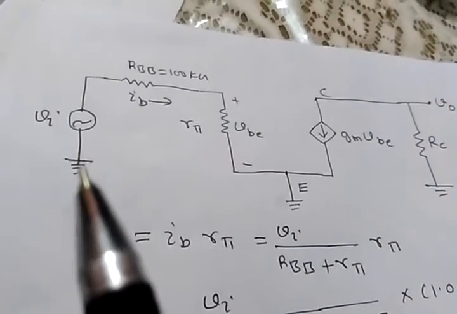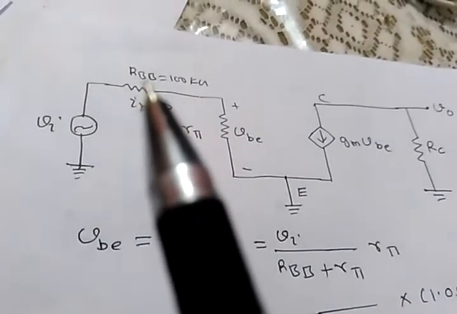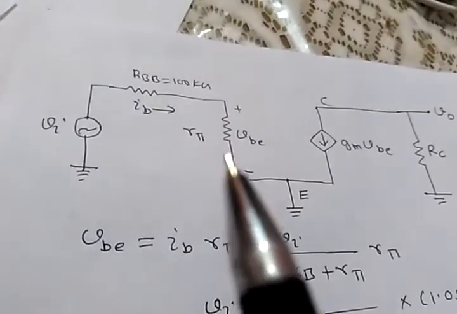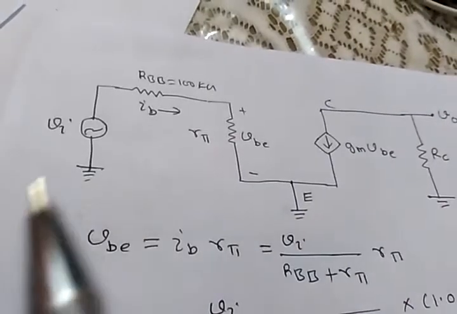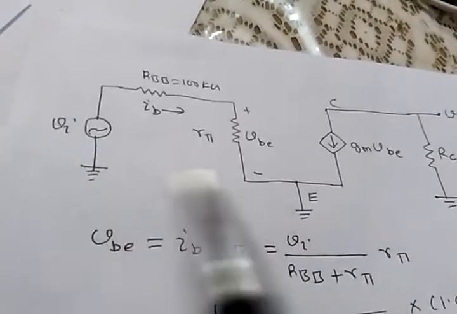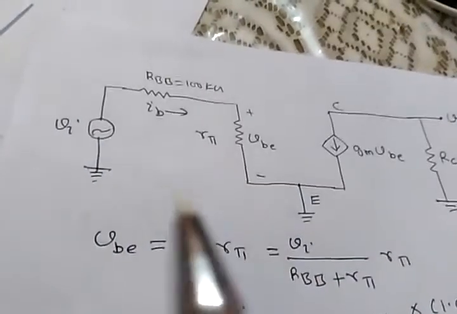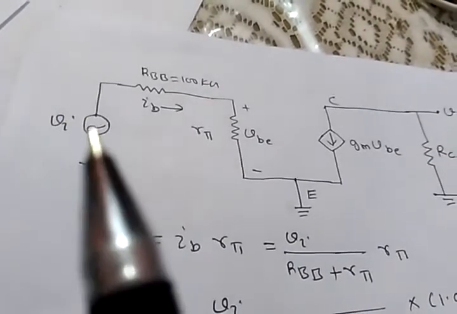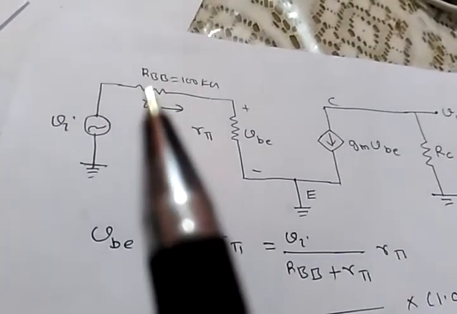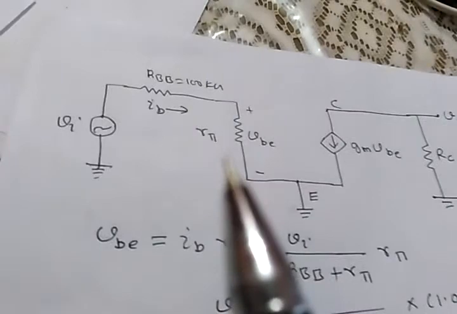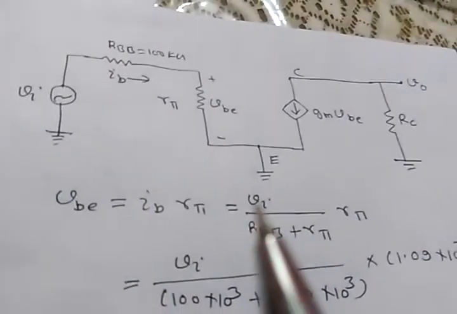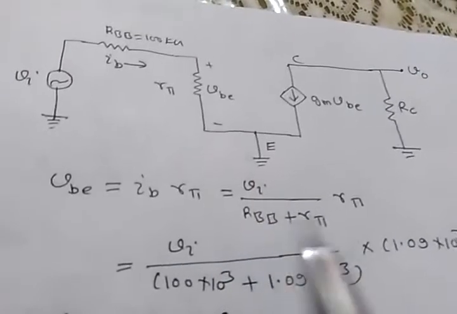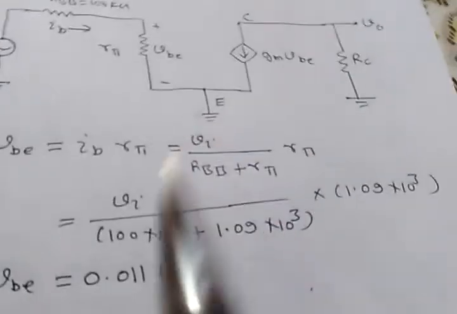Vi is across the resistance RBB plus R pi, because this is grounded, this is grounded. We can connect this by a wire. In this way, Vi will be across RBB plus R pi. In place of IB, we can write Vi upon RBB plus R pi, into R pi.